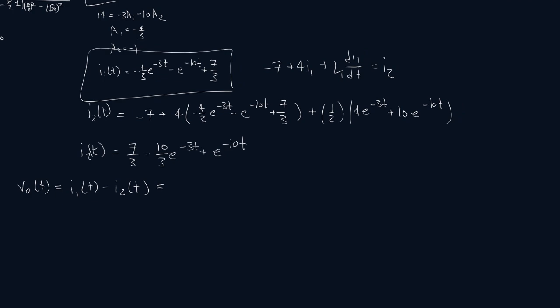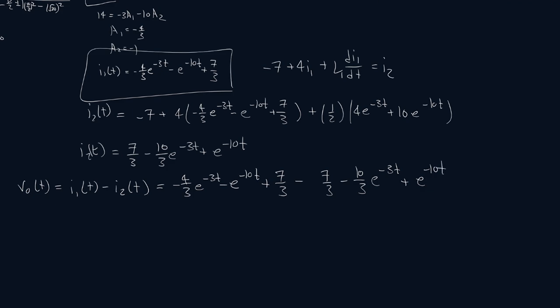Hold on, sorry. Let me solve it with you guys. Give me a sec. So minus 4 over 3 e^(minus 3t) minus e^(minus 10t) plus 7 over 3, minus 7 over 3 minus 10 over 3 e^(minus 3t) plus e^(minus 10t).